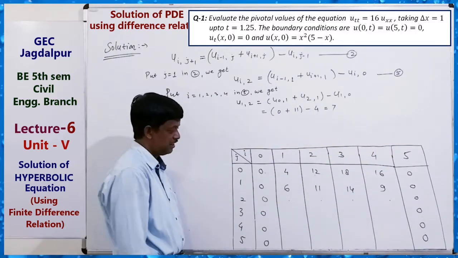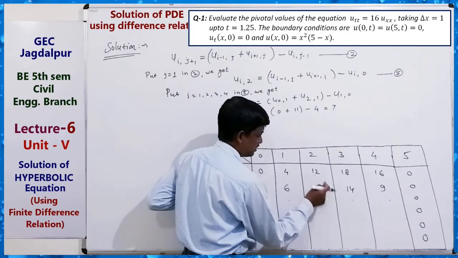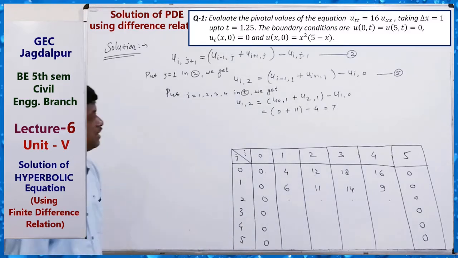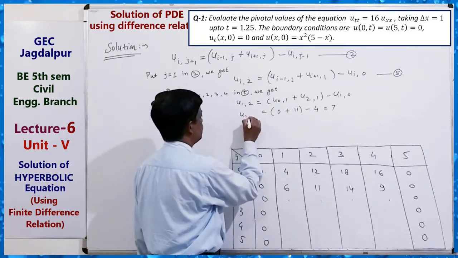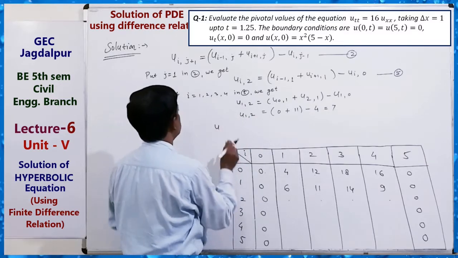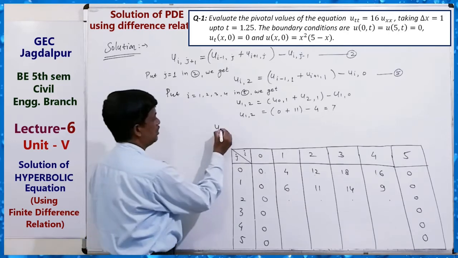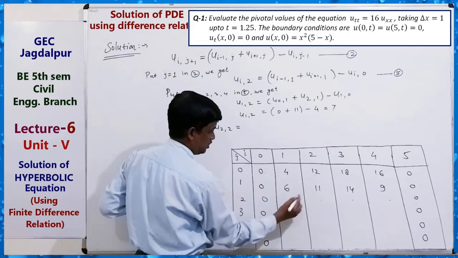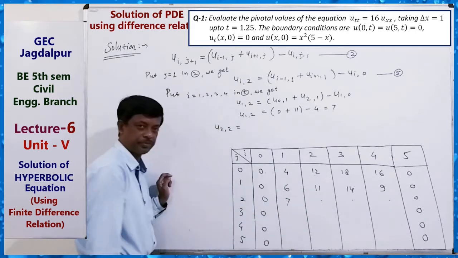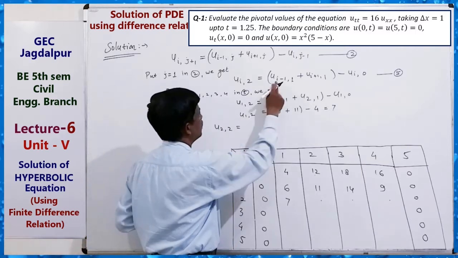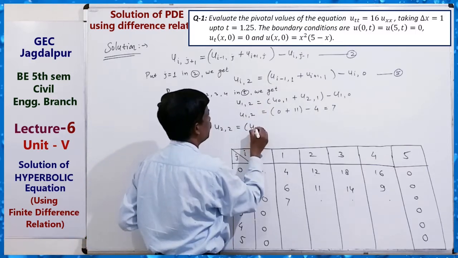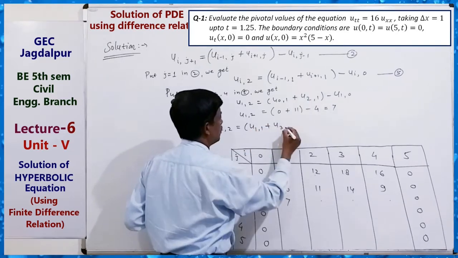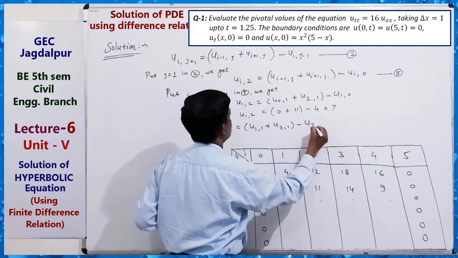Just this plus this minus this is the process. Okay, so first value u12. Now also i equals to 2, then u22. For i equals to 2: u11 plus u31 minus u20.